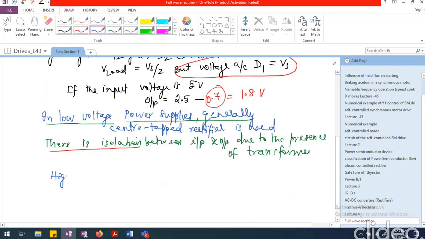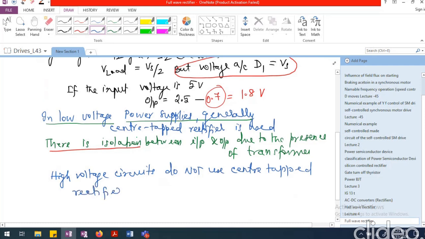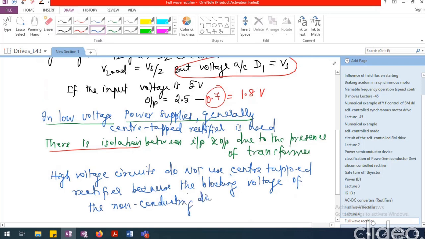So high voltage circuits do not use center tapped rectifier because the blocking voltage of the non-conducting diode, which is normally known as peak inverse voltage.